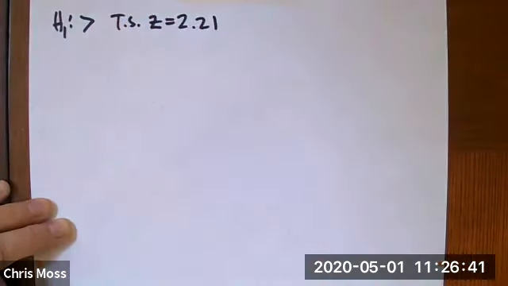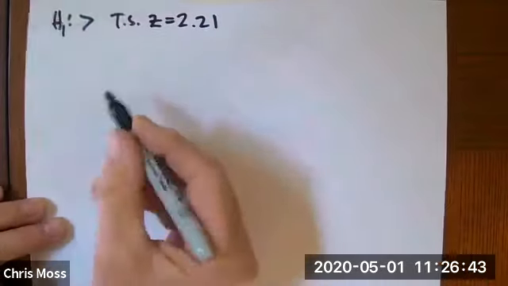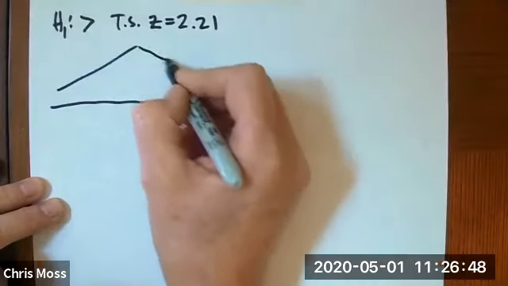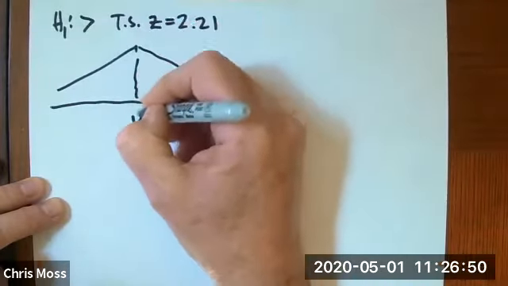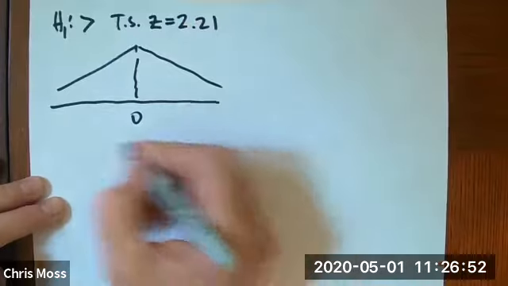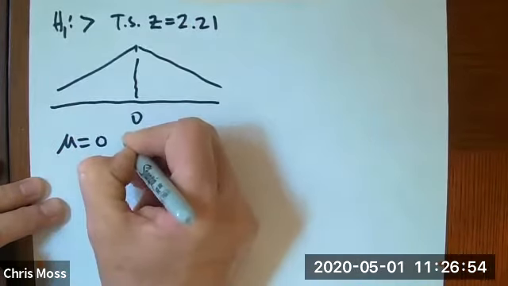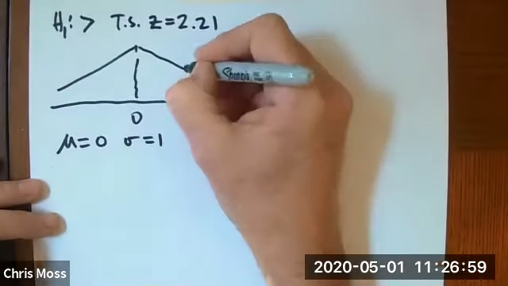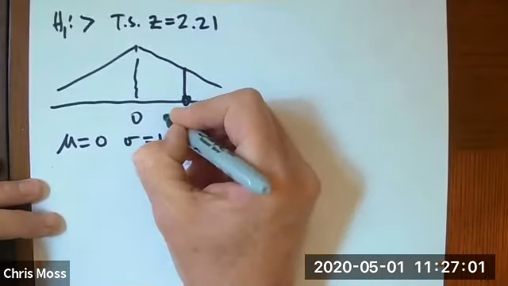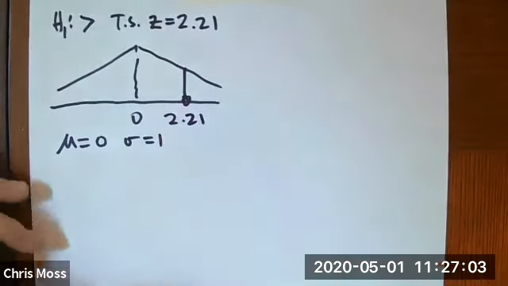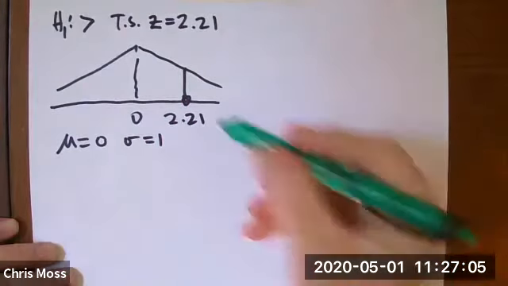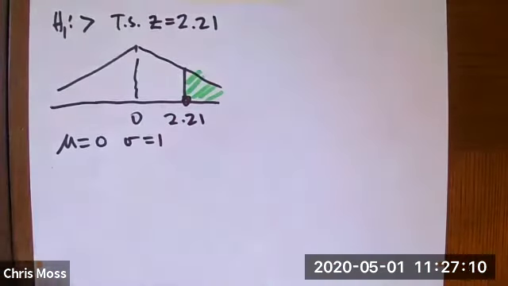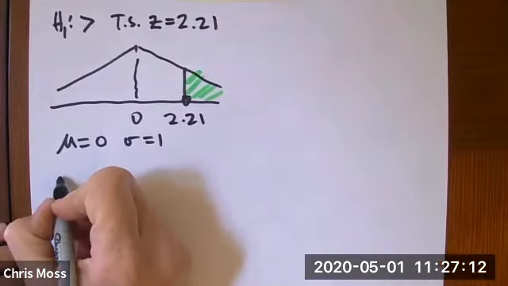I think a picture is vital here. Remember, this is the Z distribution with a mean of 0 and a standard deviation of 1. And we are interested in this bit of area right there. That is the p-value.